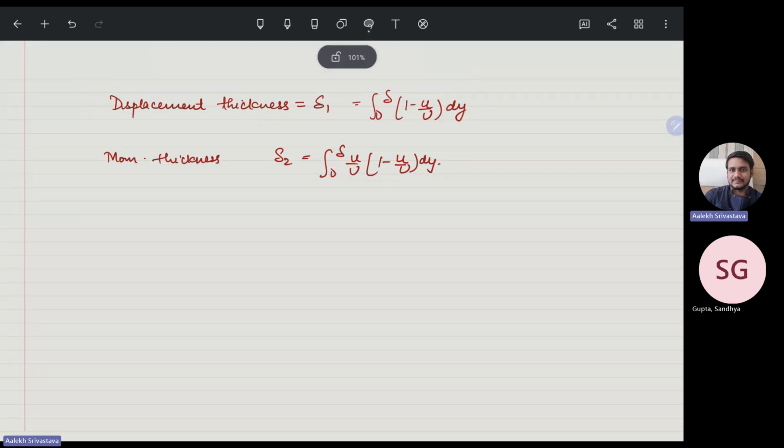So for this velocity profile, u by u0 is equal to 2 times y by delta minus y by delta whole square.